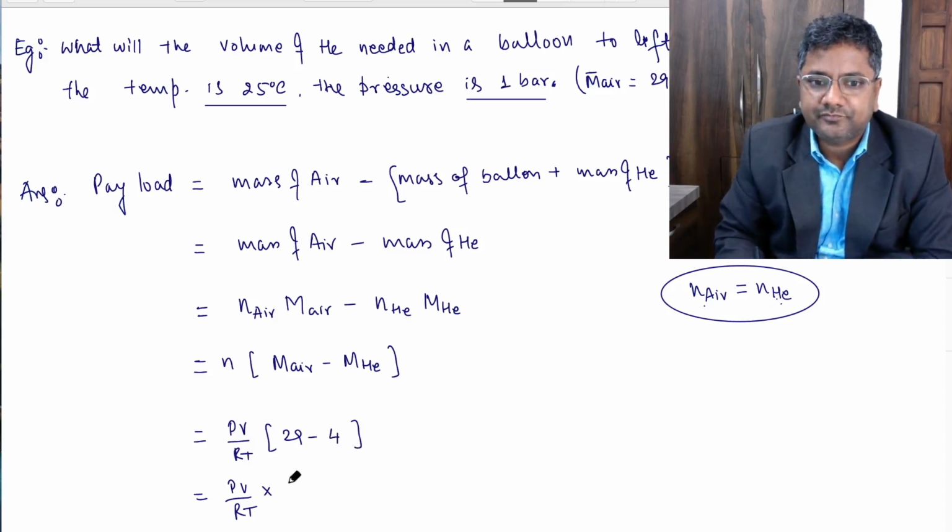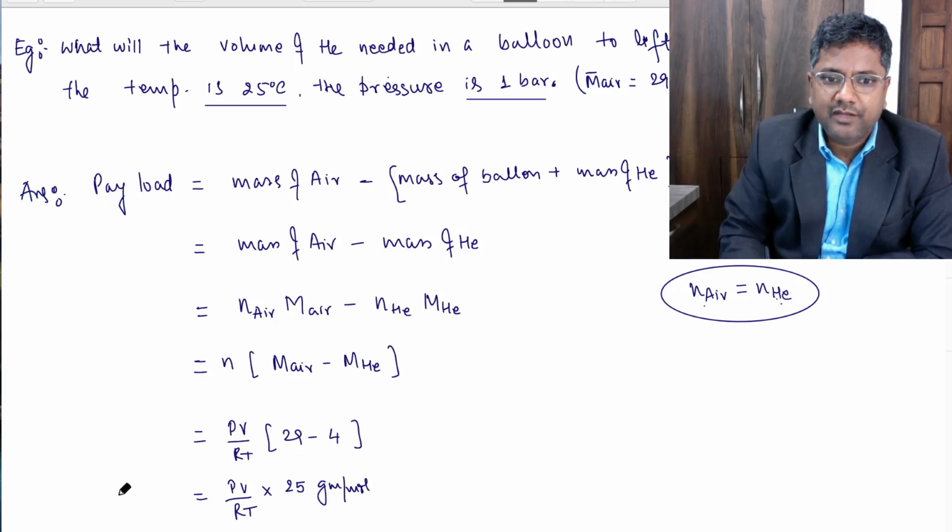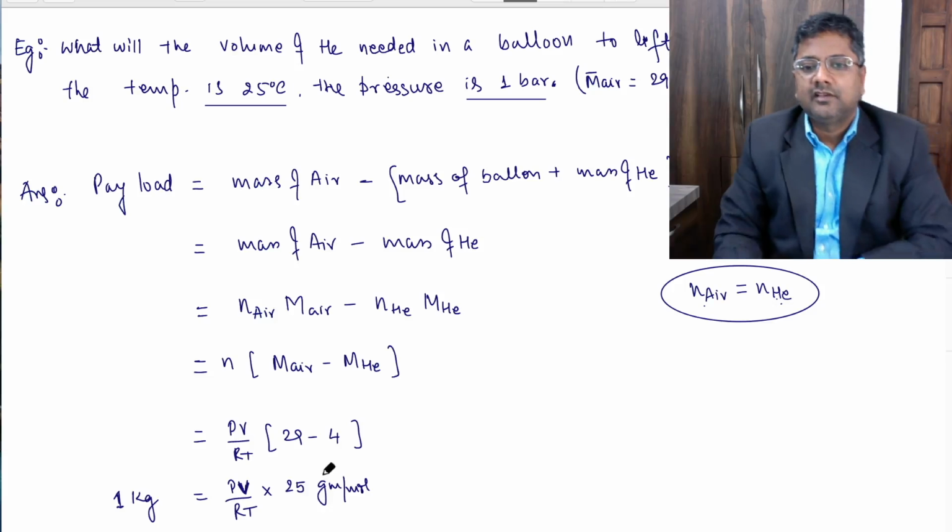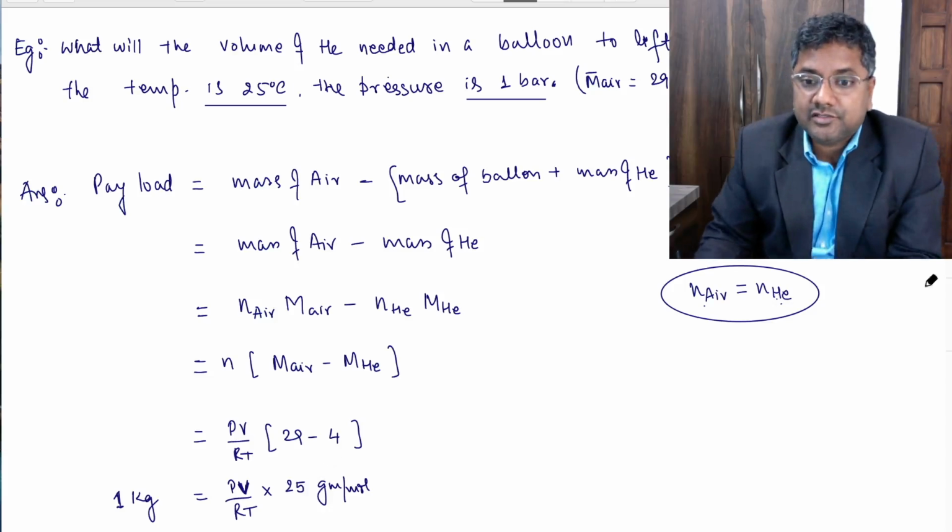25 grams per mole. And the payload is given as 1 kilogram. So from here you can calculate the volume of helium, right?